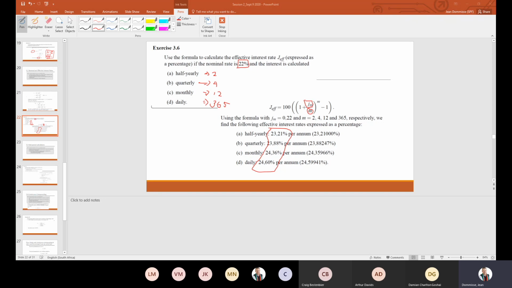So again, for me, it is nearly easier to use the calculator if you can. Then you don't need to do this calculation. But this one is actually not too bad because you can just replace.